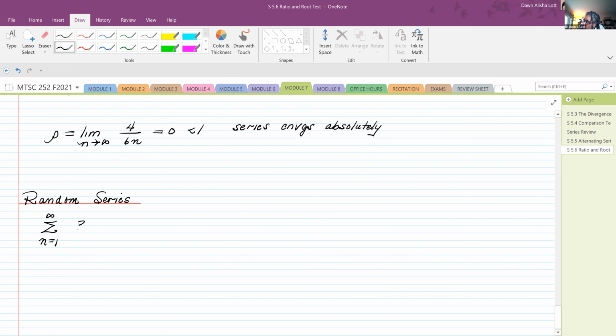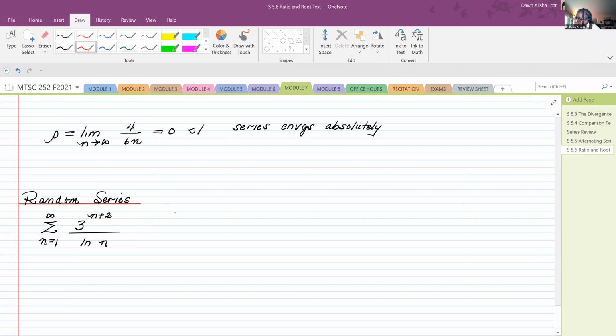The summation n equals 1 to infinity of 3 to the n plus 2 over the log of n. Woo-wee. Okay, so let's do this test. So here we go.